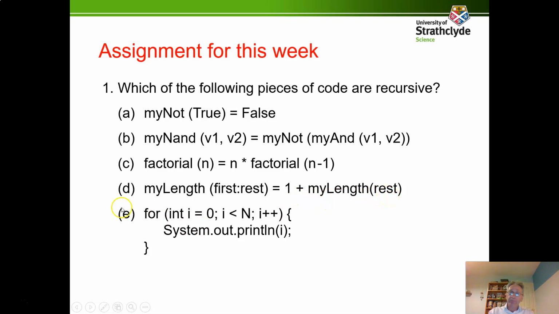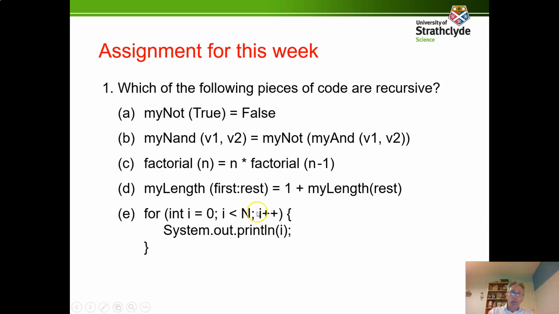Recursive or not. And then finally, I've got a bit of Java in here. If you're not doing Java, don't worry too much about this. It's just a loop. For integer i is 0; i is less than n; i plus plus. So we start with i as having the value 0. We test for i being less than the value n, which is defined somewhere else.